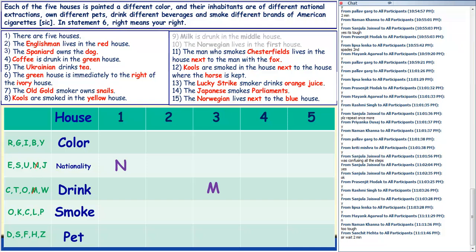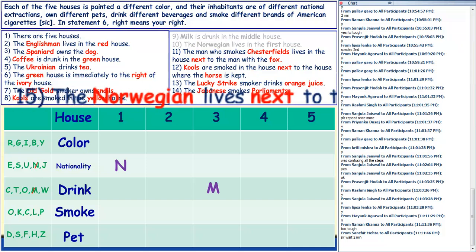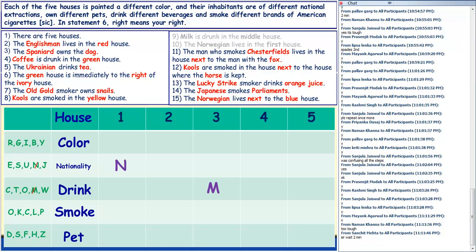Kools and next, no. Lucky Strike and orange juice, no. The Japanese smokes Parliament, no. But yes, the 15th statement plays an important role, which says the Norwegian lives next to the blue house. So house number 2 is blue, because in house number 1 the Norwegian is living. So the position of blue is also fixed here.